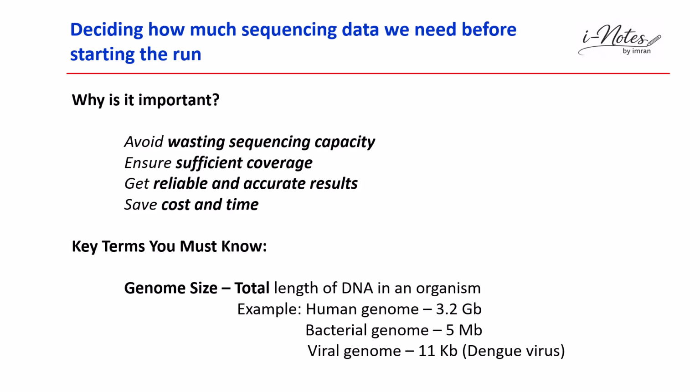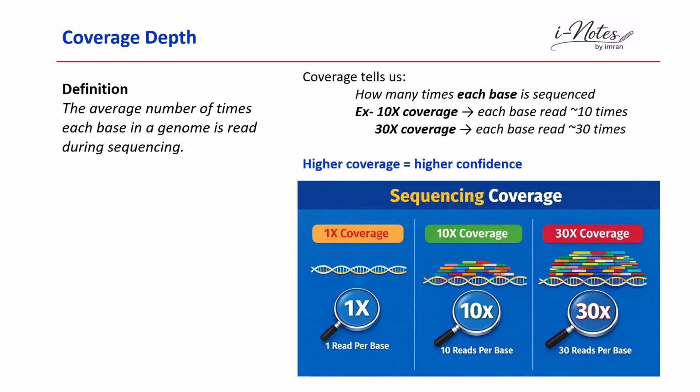And the second term is coverage depth. You have to decide how much coverage depth your study requires, like 30x, 10x. These two key terms are very important in determining the sequencing data required from a sequencing run. So let's understand coverage depth. Coverage depth, by definition, is the average number of times each base in a genome is read during sequencing.